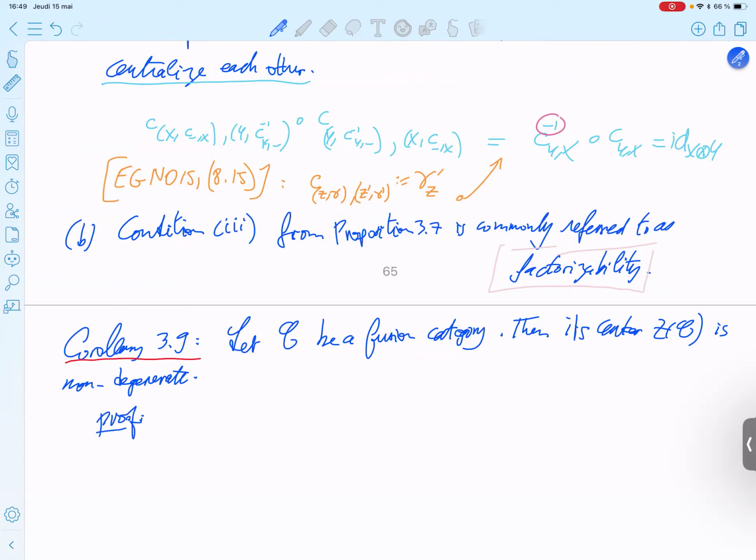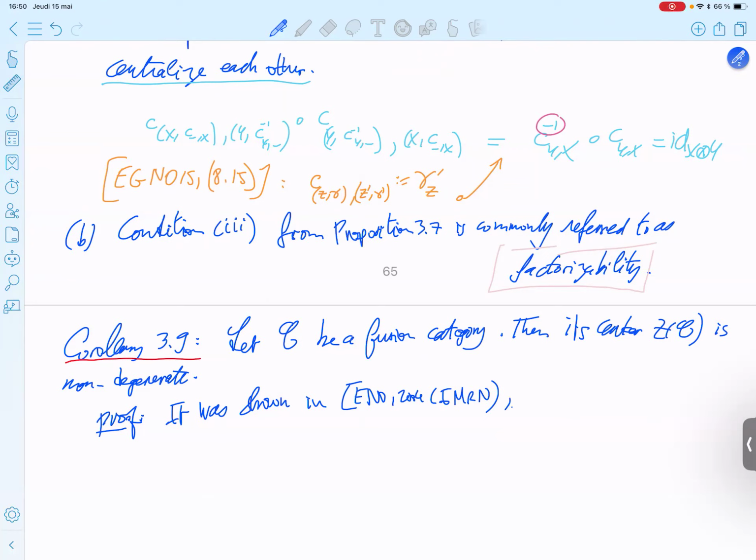So, in an IMRN paper of Etingof, Nikshych, Ostrik, they show that the Drinfeld center is factorizable. So it's non-degenerate by the previous result. So it was shown in the IMRN paper of Etingof, Nikshych, Ostrik in 2004. I specified IMRN because in 2004 they may have several papers.